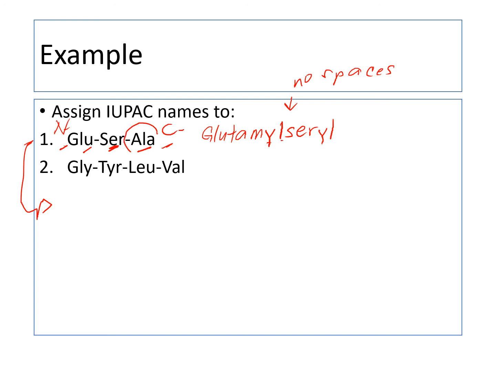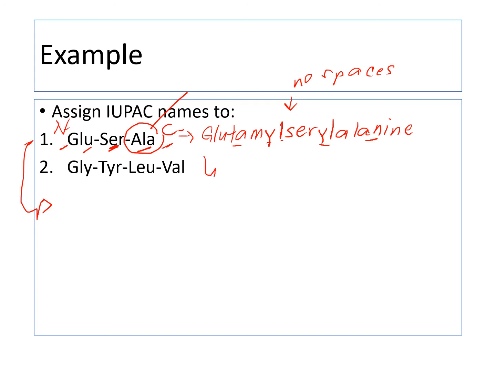Remember that whichever amino acid is found in the C terminal tends to retain its name. So alanine is still written as alanine. So the name of our tripeptide now is glutamyl seryl alanine.